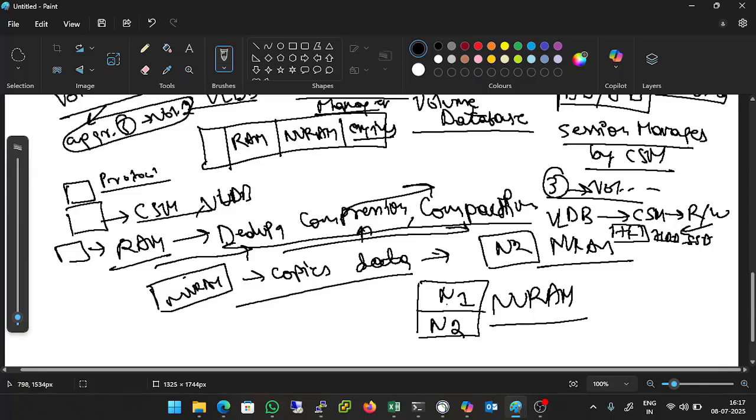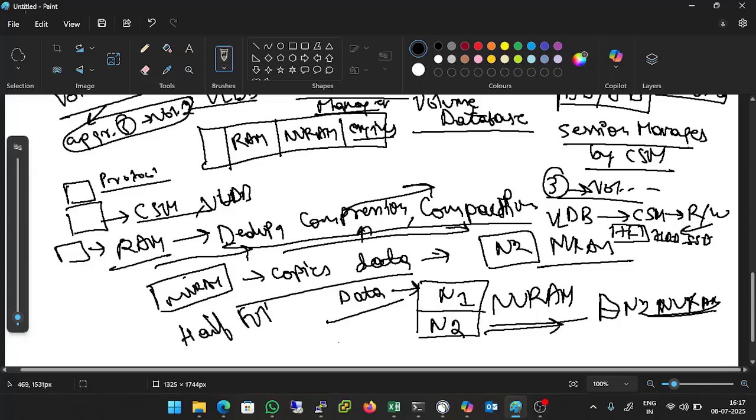My N1 part holds the data and my N2 part also holds the data, but this part is used for replication into the node 2 NVRAM.